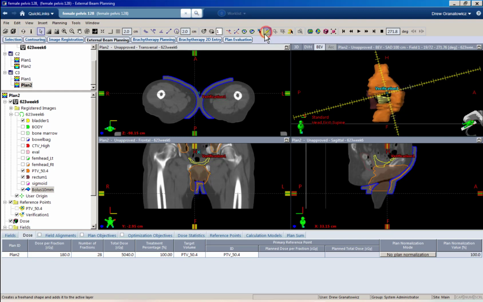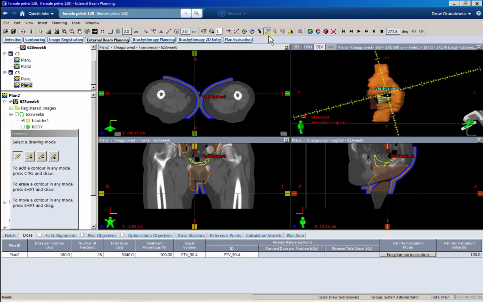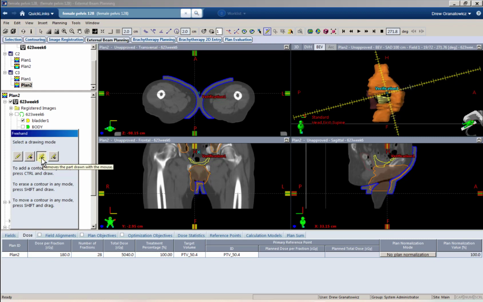But if you want to, you can use this freehand tool on your bolus and edit it, right? Just like you were contouring. This tool gets a little weird sometimes, so usually if I'm trying to remove, I will use this minus button. If I'm trying to add, I'll use this plus. This automatic tool just sometimes doesn't work so great.